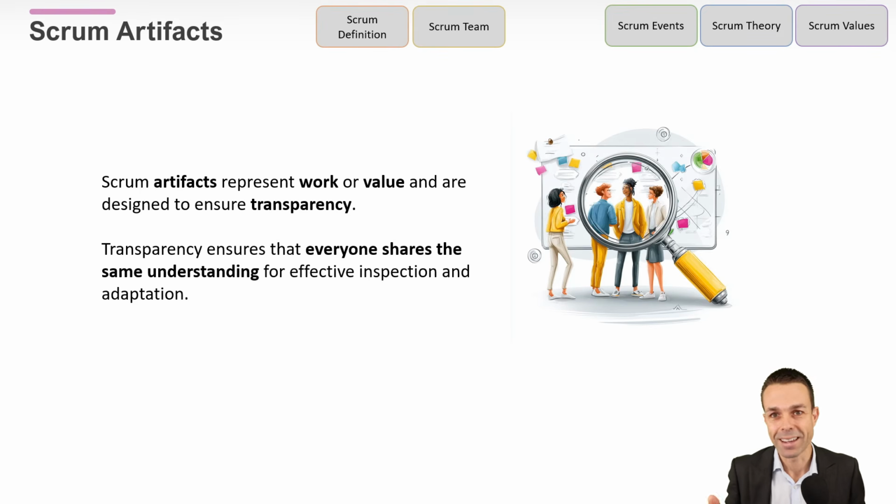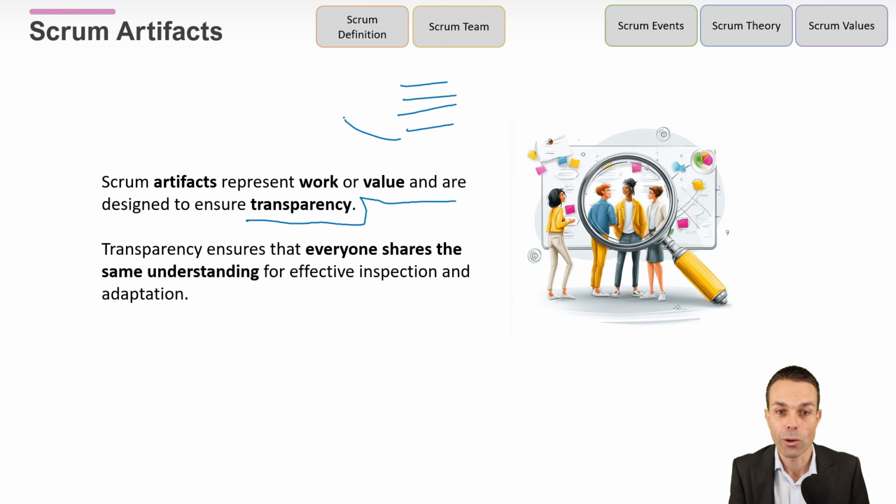And this way, again, if you're going for a Scrum certification, like the Professional Scrum Master, for example, then this is going to give it word for word from the Scrum Guide, which is really, really good. So let's see. Scrum artifacts represent work or value and they're designed to ensure transparency. This means, again, we have it on the wall. Everyone can see our product backlog.